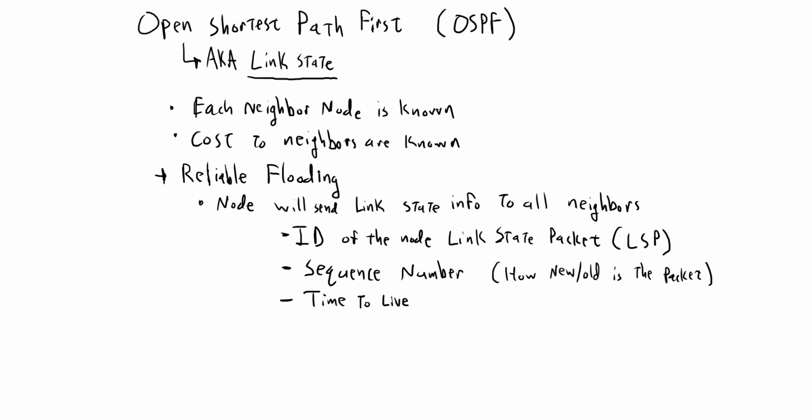The fourth thing that gets shared in the link state packet is a list of directly connected neighbors and the cost of each link.